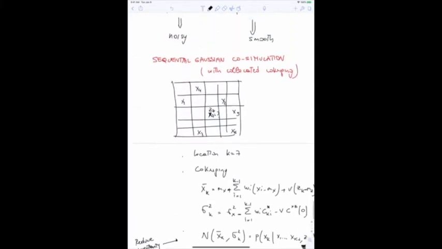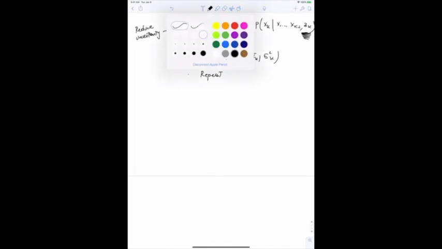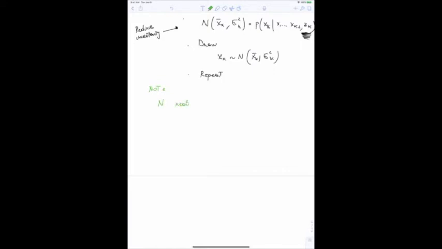Now, one thing that I didn't tell you is, I'm going to write it as a note. Let's say that if you generate a large number of realizations, where we assume that n is large, what happens is that the mean of the realizations is very close to the kriging estimate.